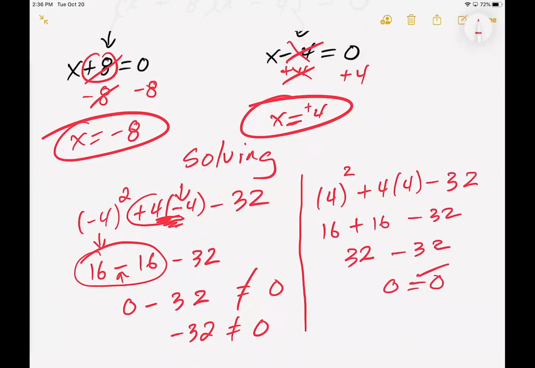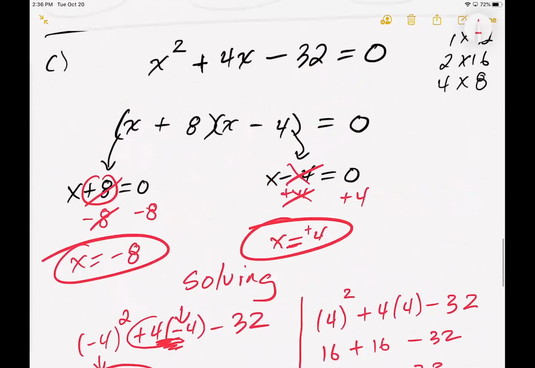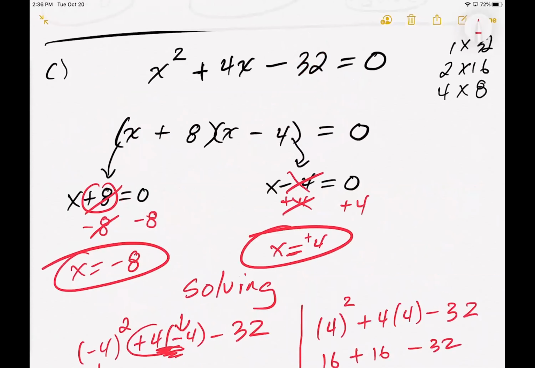If you put in -4, it's not right. That's why the answer is +4. Is that clear, Will? Does that answer your question?